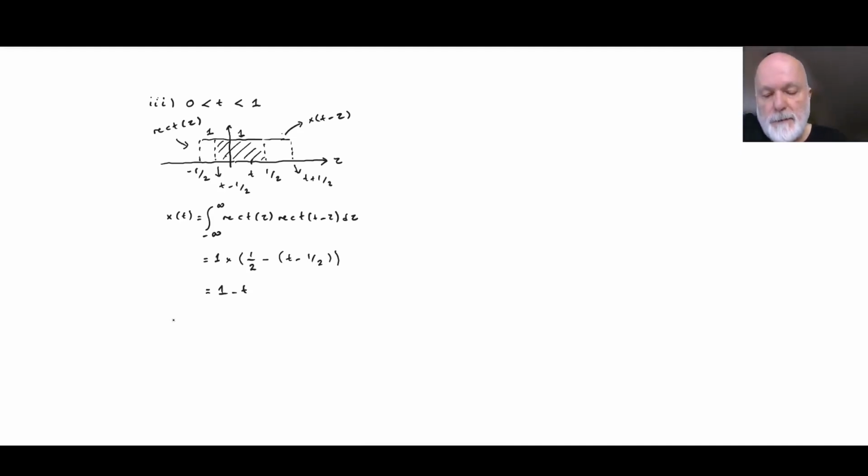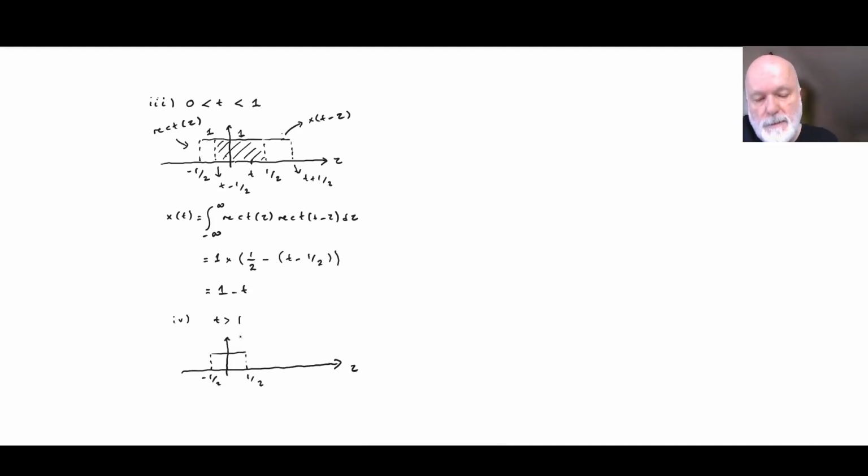And finally, for t greater than 1, okay, here, if we again plot rect tau between minus 1/2 and 1/2.